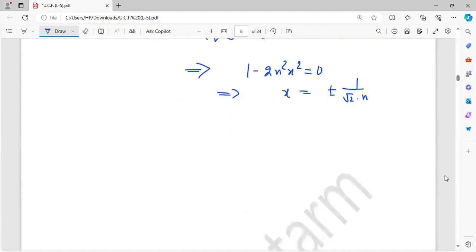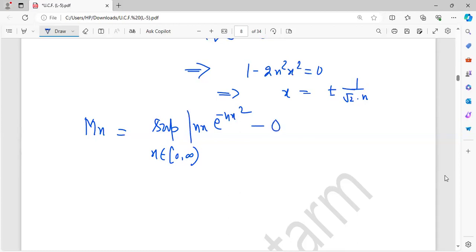So what is Mn? Mn is the supremum over x belongs to 0 to infinity of nx e to the power minus nx square, because the f function is 0.